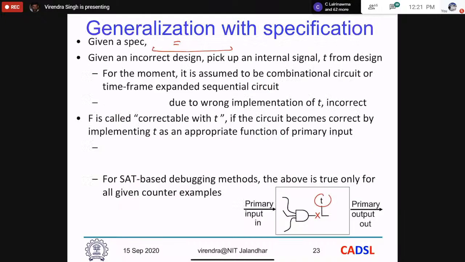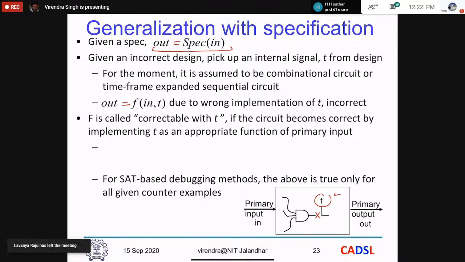Now pick this internal signal T from the design, and for the moment T is assumed to be a combinational circuit, or if it is sequential then it is a time frame expansion. So assume that this is a combinational circuit. Then what you want is that my output is equal to a function of the input as well as this input T, right?